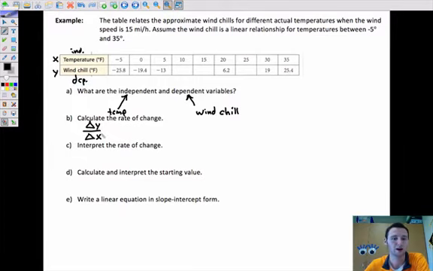So for my change in y over change in x, I'm going to look for change in y, and I'm going to go from point to point here on the table. And if you find the difference between these two, you'll find that in this table it's going up by 6.4 degrees each time.